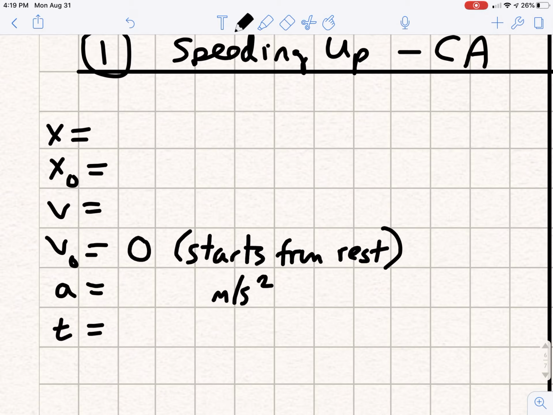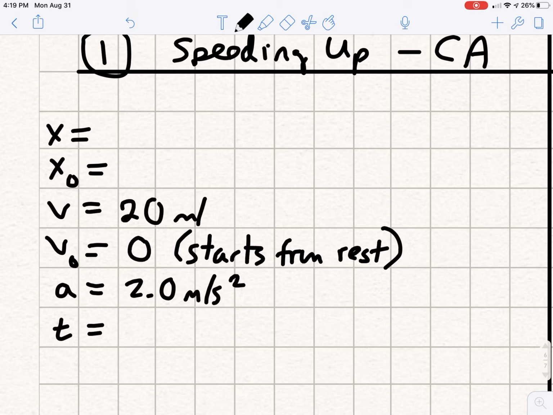Anytime you see the unit of meters per second squared, that goes along with acceleration. Until it reaches a speed of 20 meters per second. We know the final speed is 20 meters per second. We're assuming the initial position to be 0, and we don't know how far we went nor how long it took to get there.